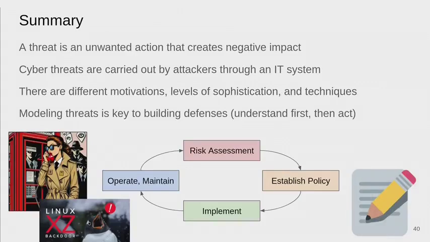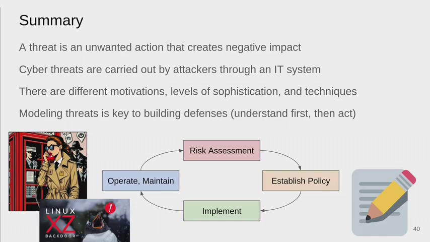So as a quick summary for today, right? A threat is an unwanted action that creates negative impact. Cyber threats are carried out by attackers through an IT system, so it involves some kind of information computing system. Think about the motivations, different levels of sophistication, and different techniques and different approaches.